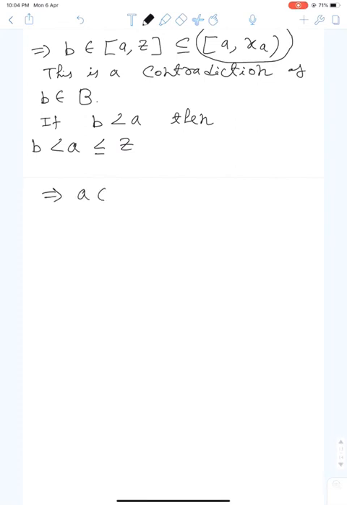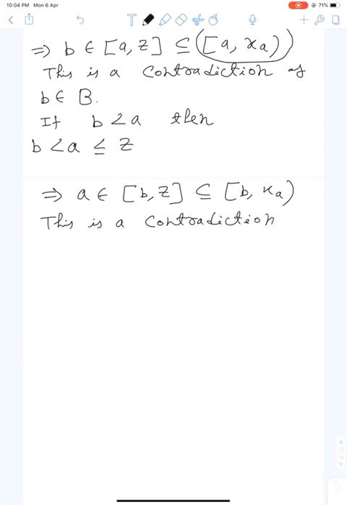Therefore a belongs to [b, z], a subset of [b, x_b). Again, this is a contradiction, as a belongs to A and this [b, x_b) intersect A is empty.